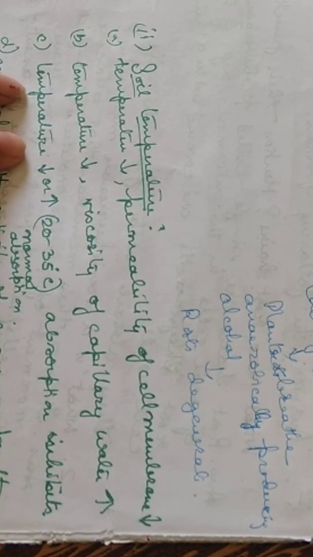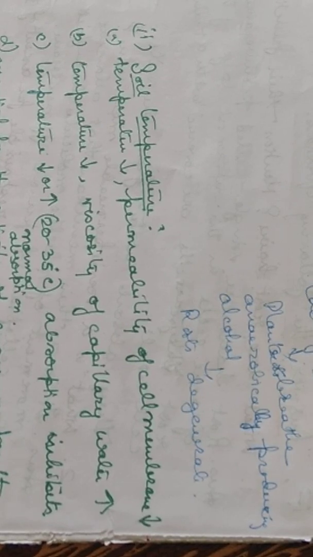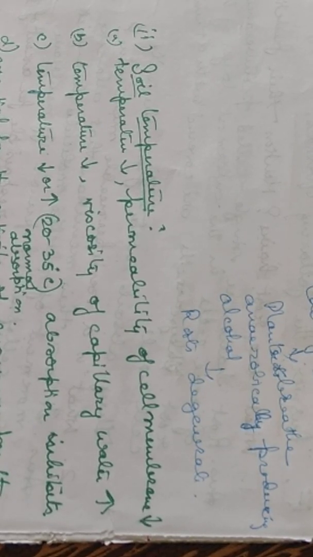When the temperature is between 20 to 35 degrees centigrade, that is the normal temperature for the soil to absorb water. But if it goes below 20 or above 35 degrees centigrade, absorption is inhibited. That means no absorption takes place.